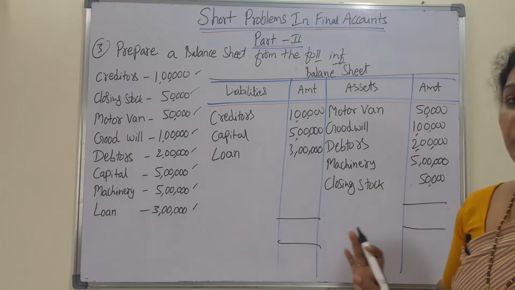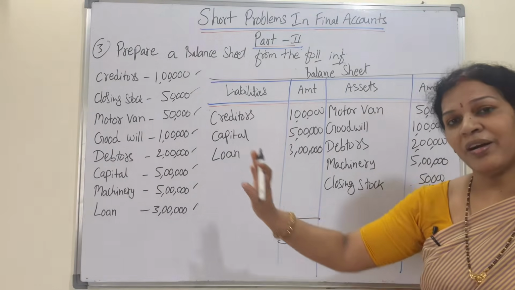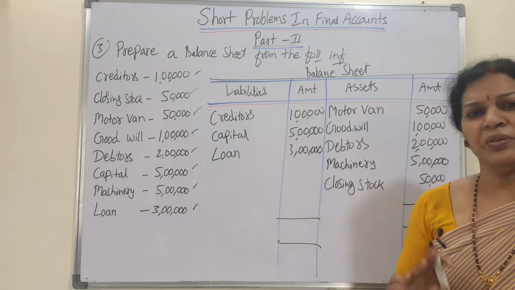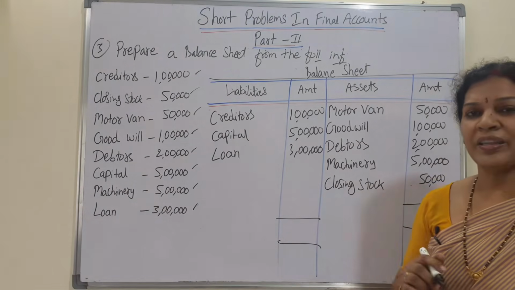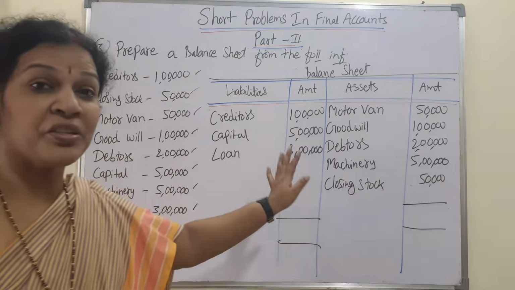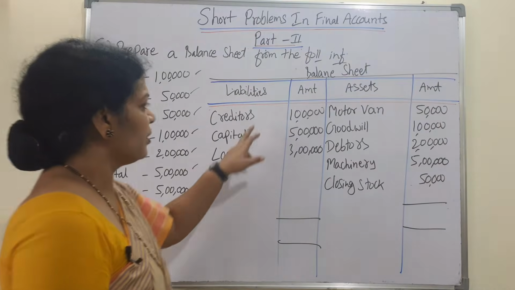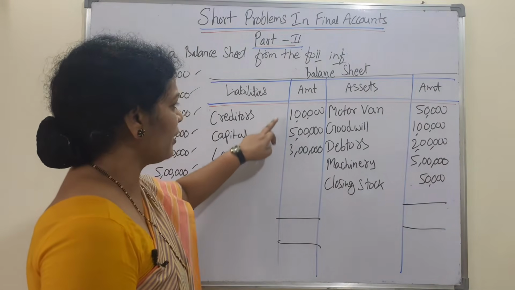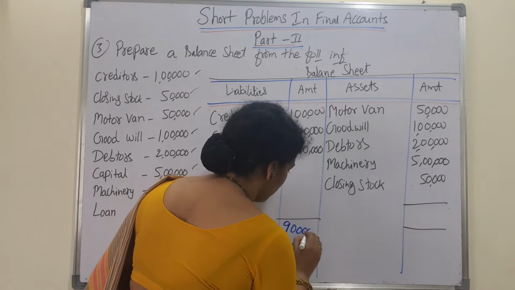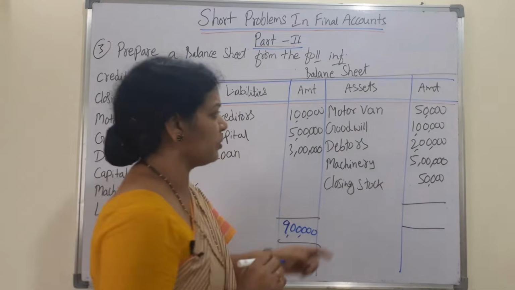Anything else to write? We have posted everything, and all the transactions are related to the balance sheet only. Now at the end of the problem we have to tally it. Make sure everything is posted, then we can total it. We total up 5 lakh, 8 lakh, 9 lakh. Liability side it is 9 lakh, so asset side also it must be 9 lakh only.